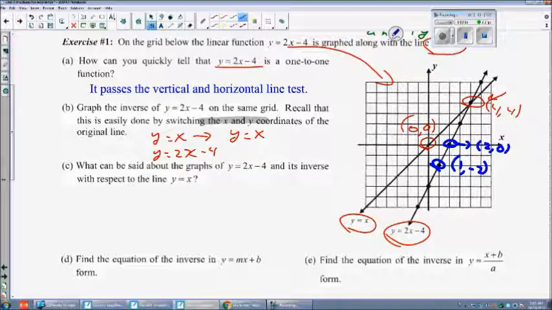So we have to plot the point negative 2, 1, and this other one is 0, 2. And then you connect them. Connect them, and this is the inverse.